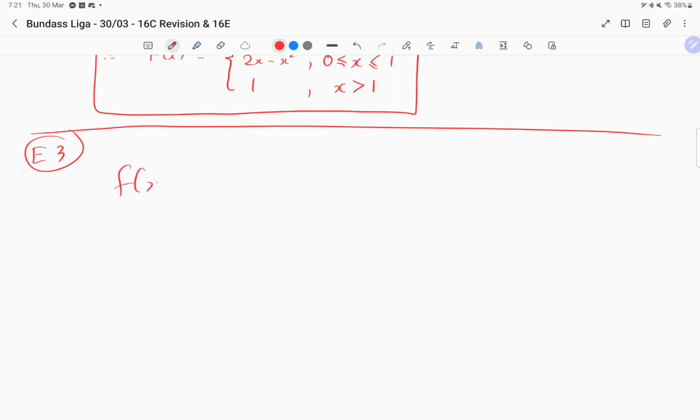Same thing, but this time the f of x is a little bit different. See if you can figure out how to handle something like this.